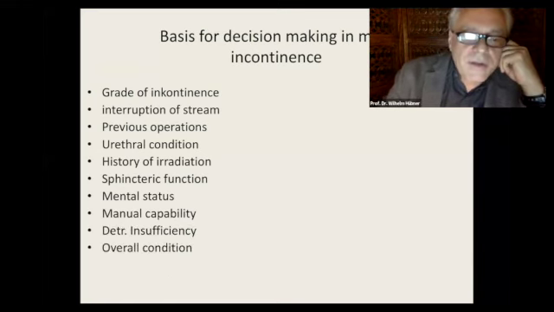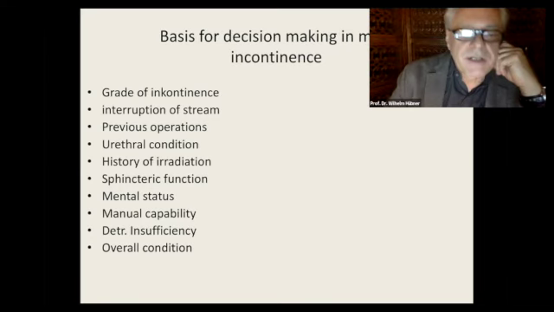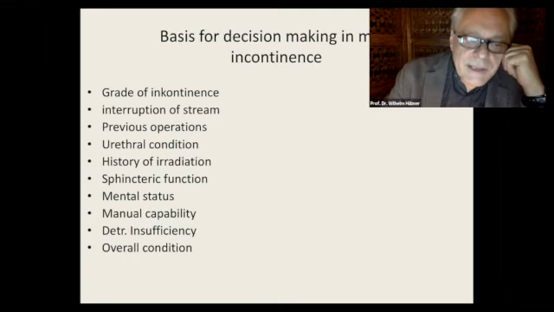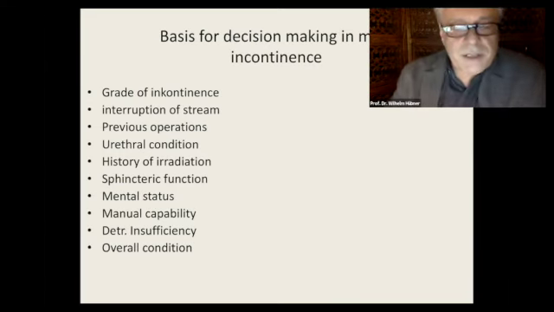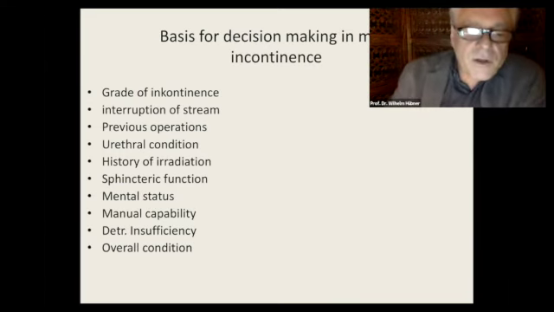If you're looking into an AUS, as already mentioned, you want to know something about the mental status and the manual capability. Looking into slings, you should know something about the detrusor function. And of course, you need to see the patient in his overall condition.